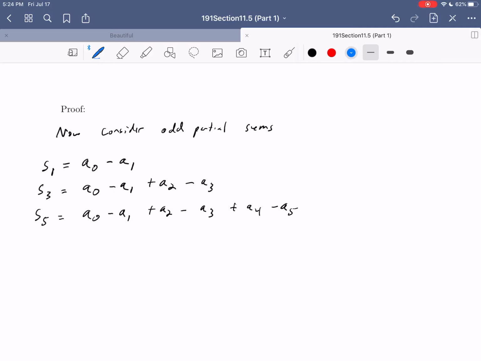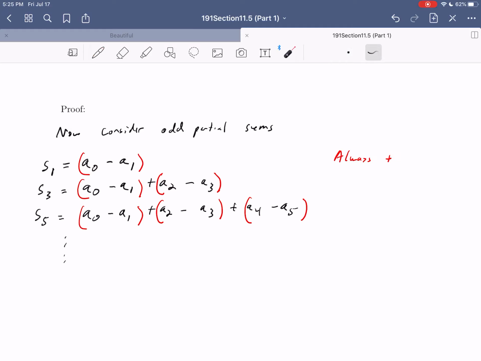So what I'm going to do is group these together, these together, these together. And actually, we can group these as well. If we look at that, and of course this pattern continues on, all the things in red are always going to be guaranteed to be positive.